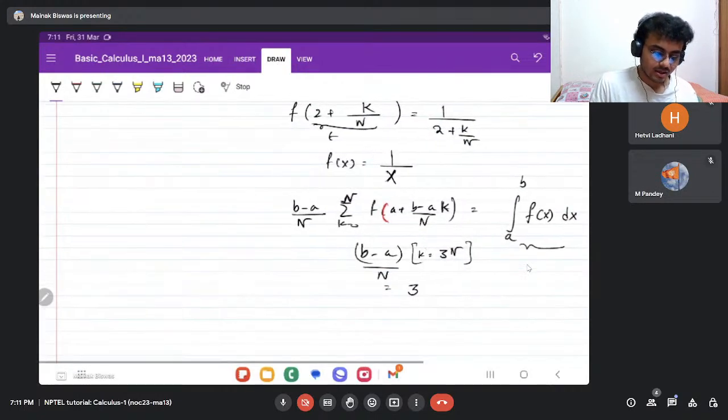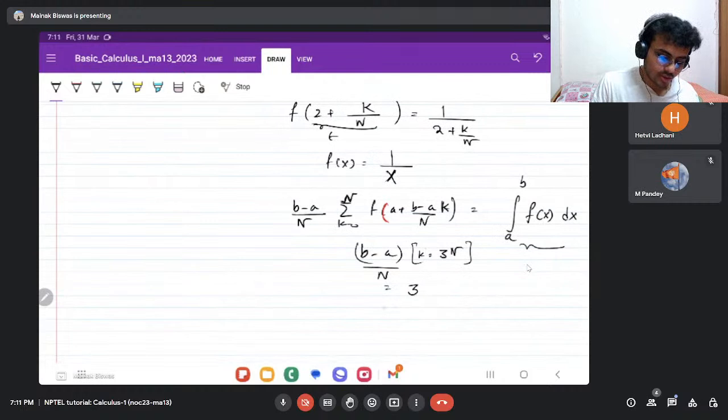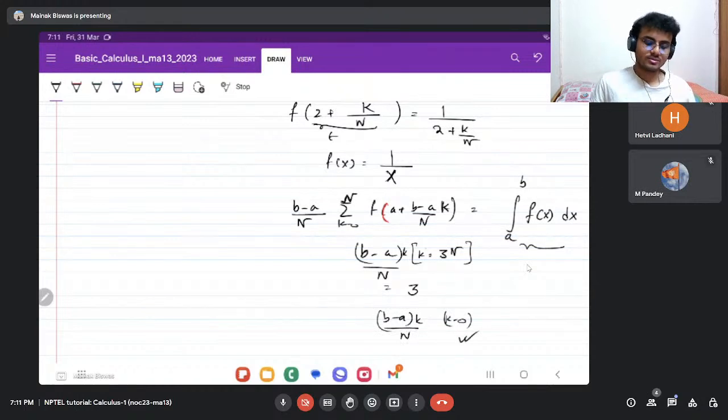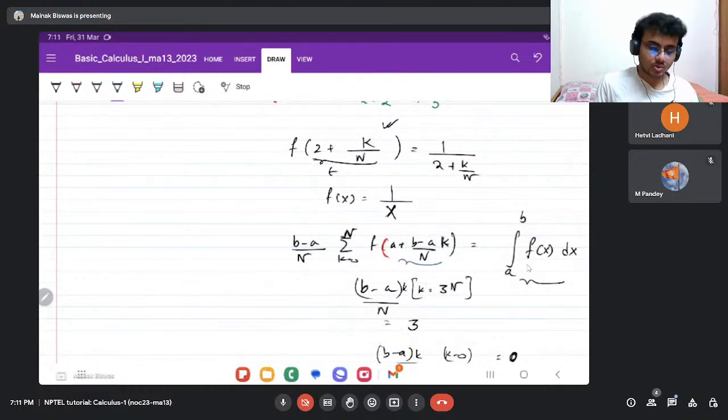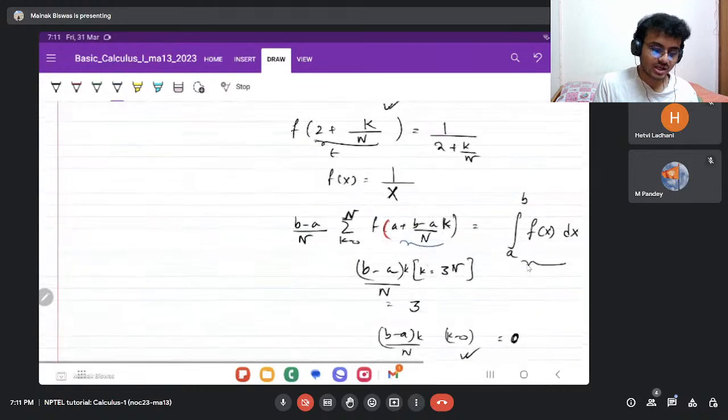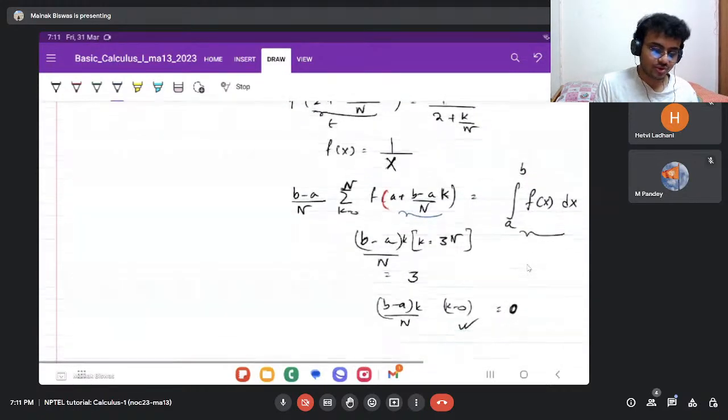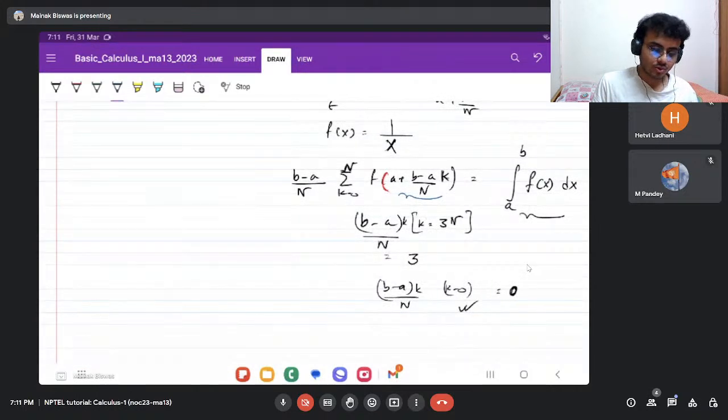And for k equal to 0, b minus a into k by n would be 0. Agreed? So our integral, if we take our entire function 2 by 2 plus x to be this thing, will range between 0 to 3, right, instead of 0 to 1.